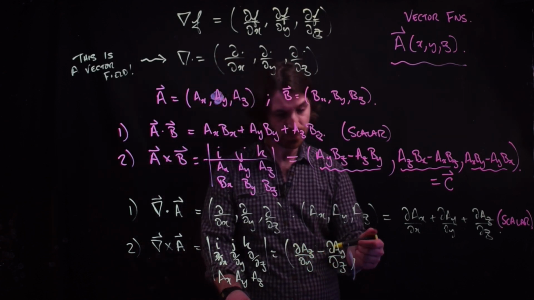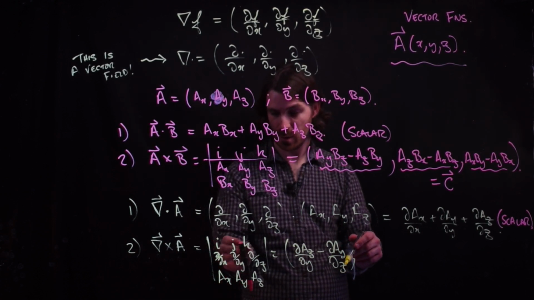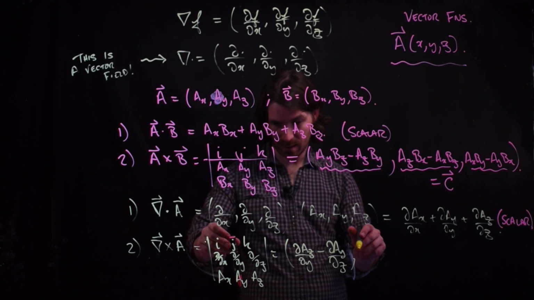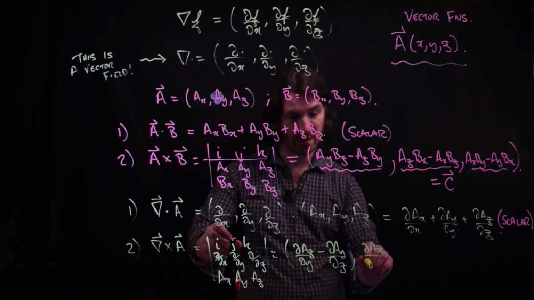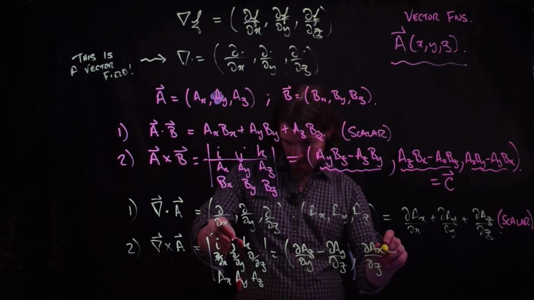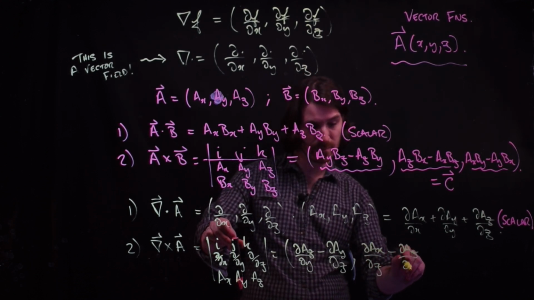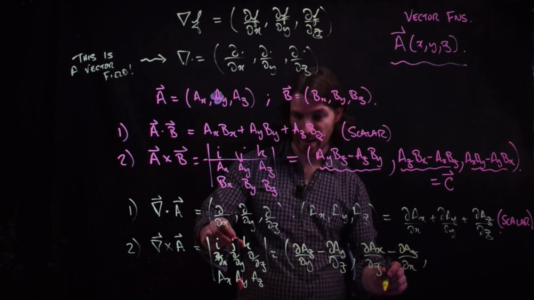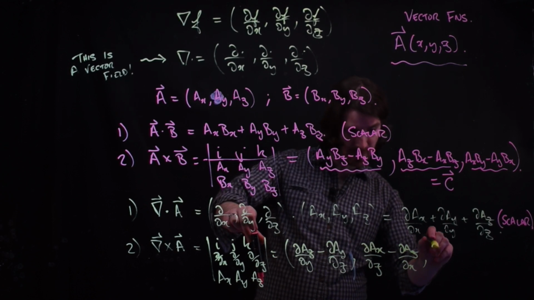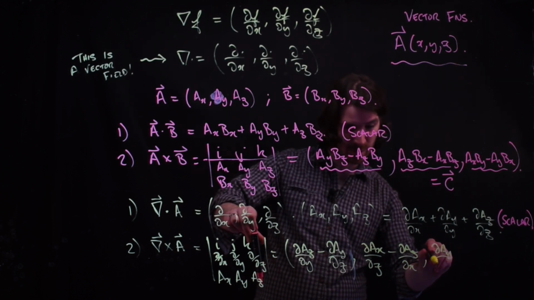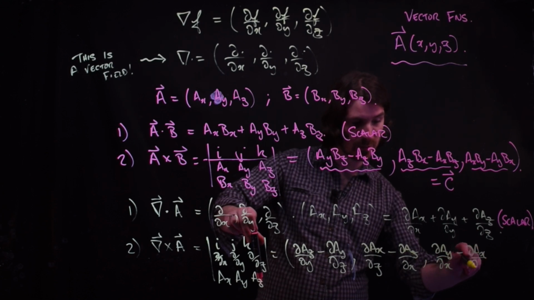And the y component, again, we cover this up, and we've got dAx by dz minus dAz by dx. And the z component, we cover this up, and we've got dAy by dx minus dAx by dy.